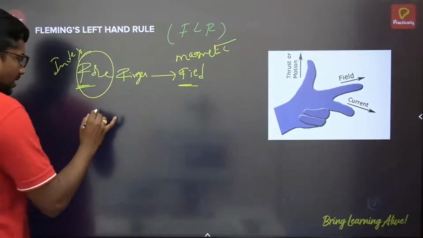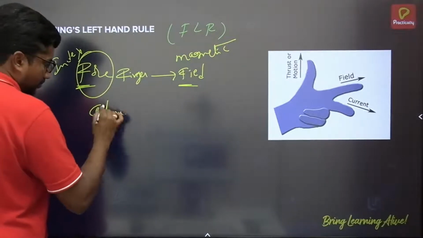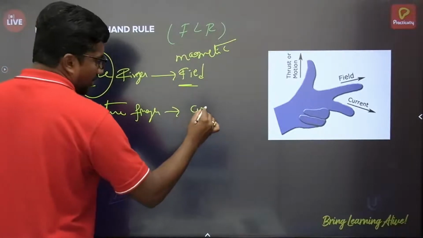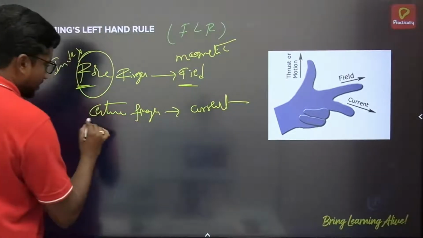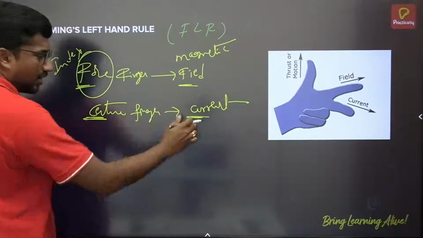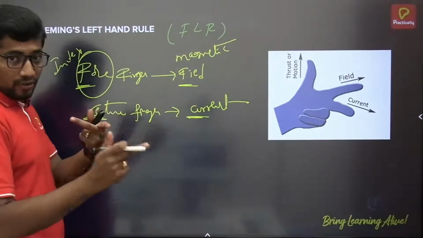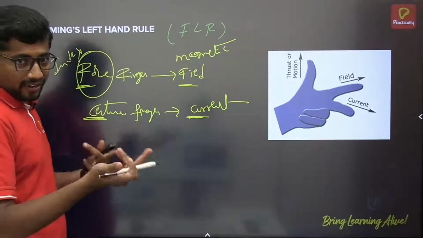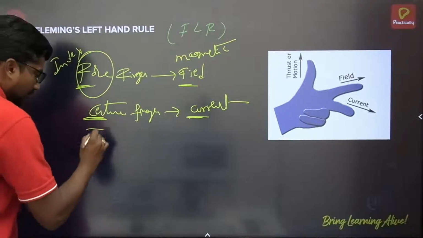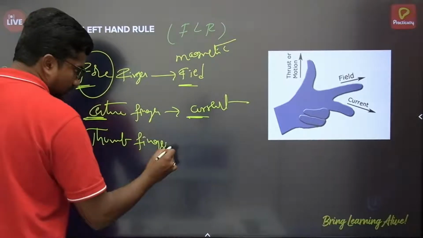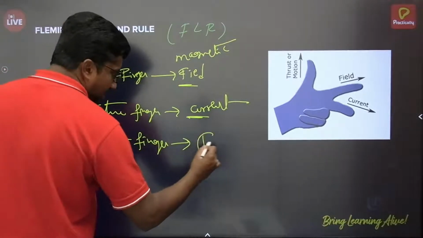Next, the center finger represents the direction of current. You can remember C for center finger, C for current. F for forefinger or index finger, and F for field. And then the thumb will represent the force direction.